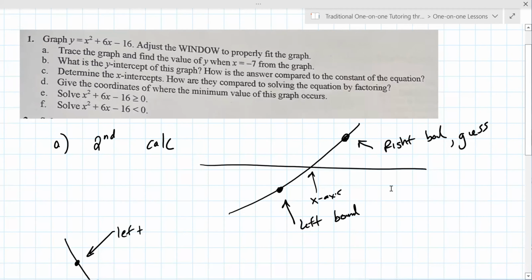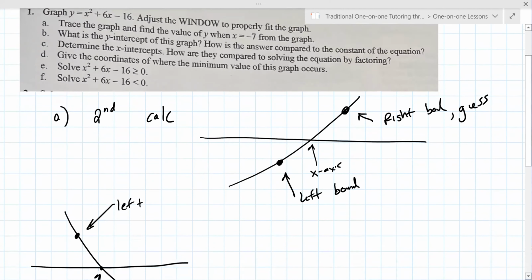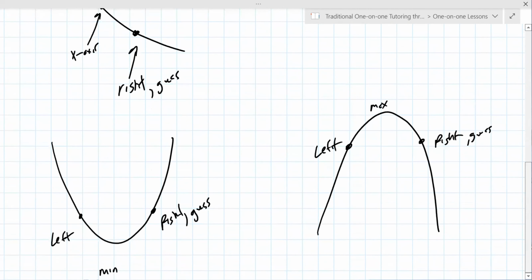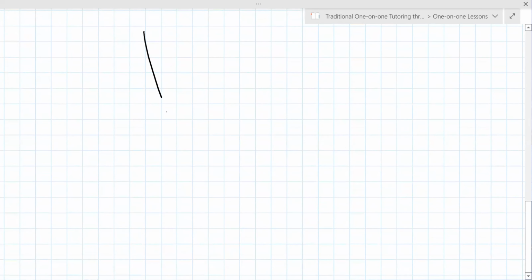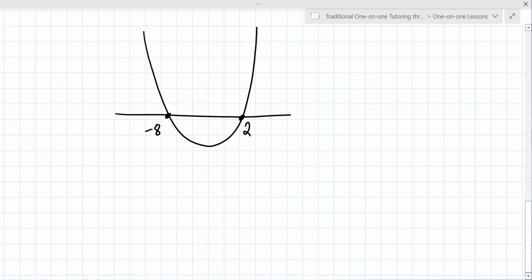So for part E, it wants to know where the graph is greater than or equal to 0. So we actually need to make a rough sketch of the graph. We've already done it. The rough sketch of the graph is that it hits at -8 and +2. We want to know where the graph is greater than or equal to 0.